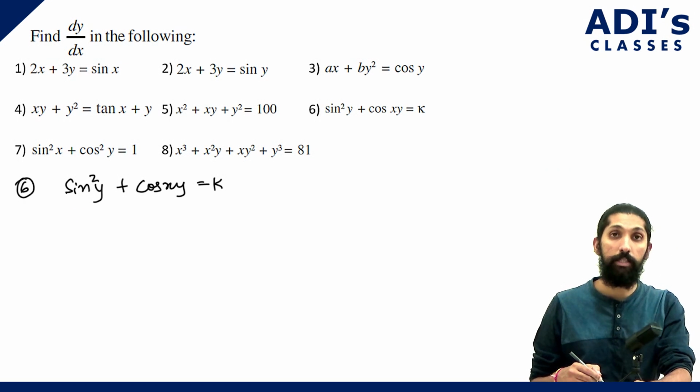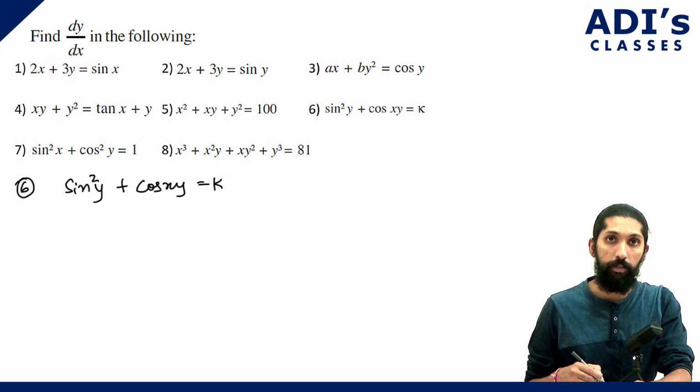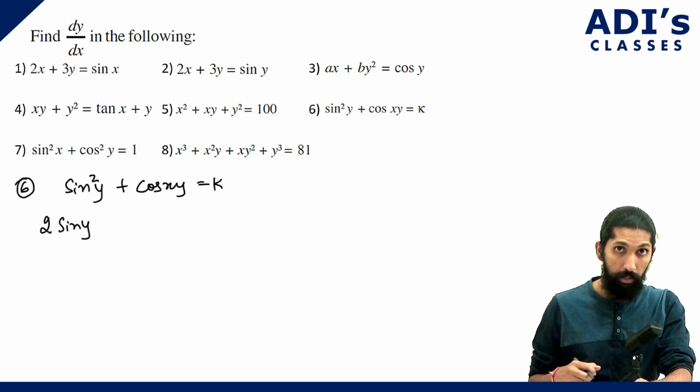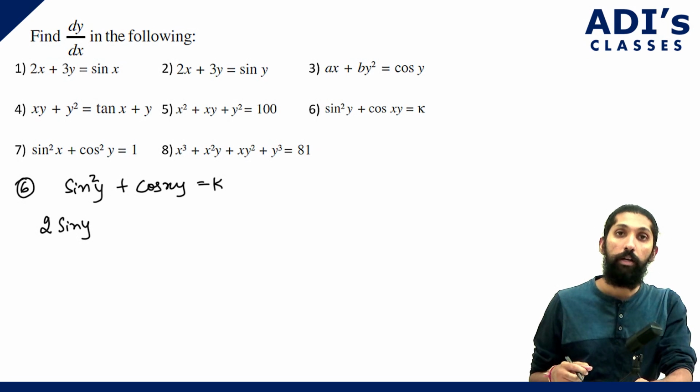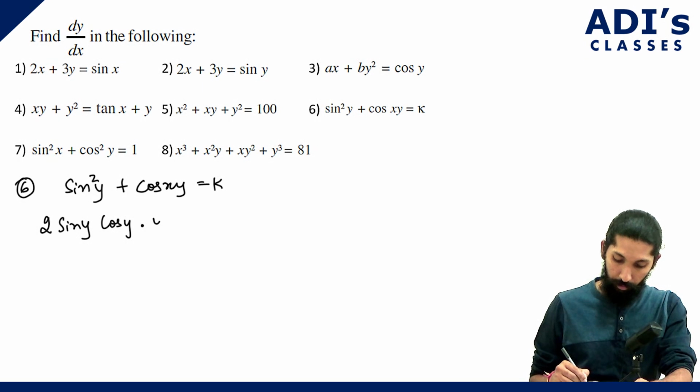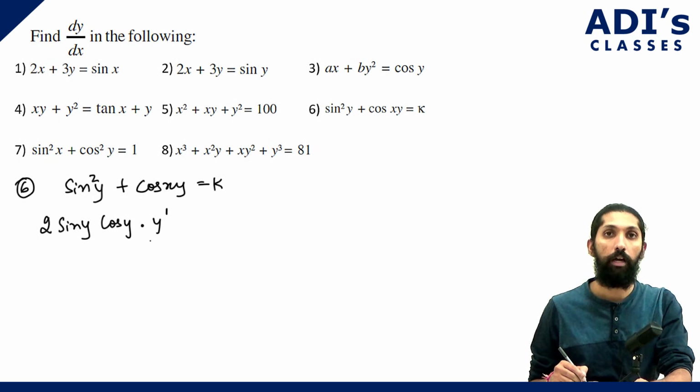Or you can also write this as sine y whole square. Both are one and the same. You'll get this as 2 sine y, the first part, into derivative of sine, cos y into y dash.